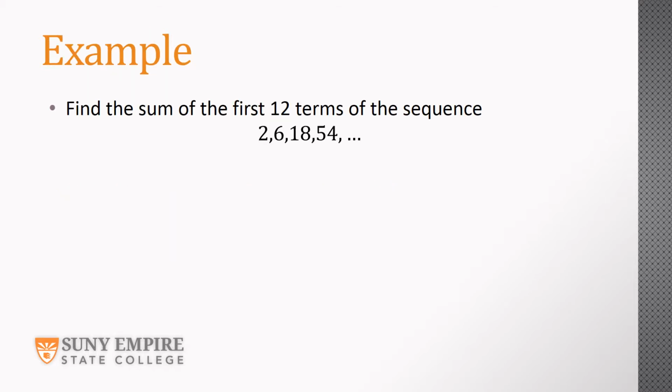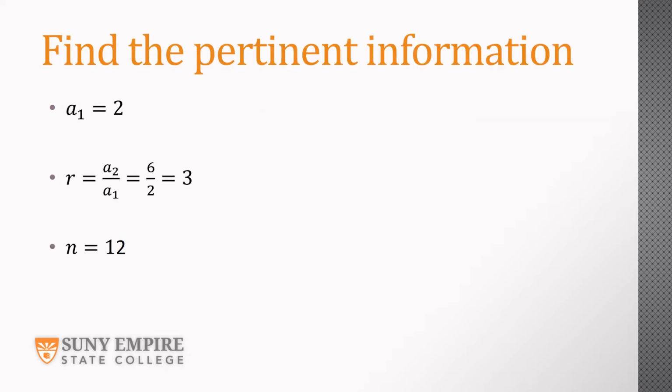Suppose we want to find the sum of the first 12 terms of the sequence 2, 6, 18, 54, etc. We need to find all the pertinent information so that we can use the partial sum formula. We need the first term, the common ratio, and the number of terms we will be adding up.